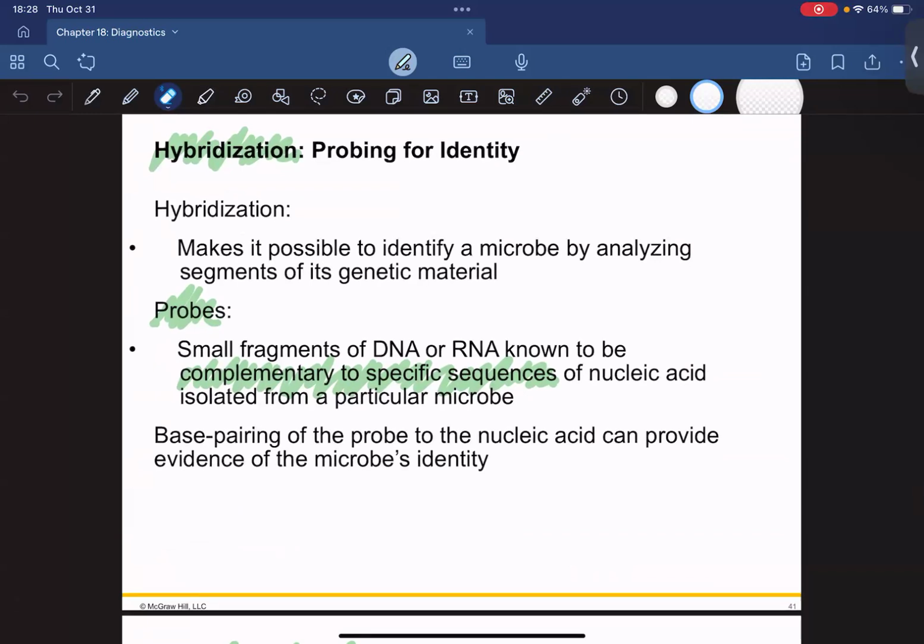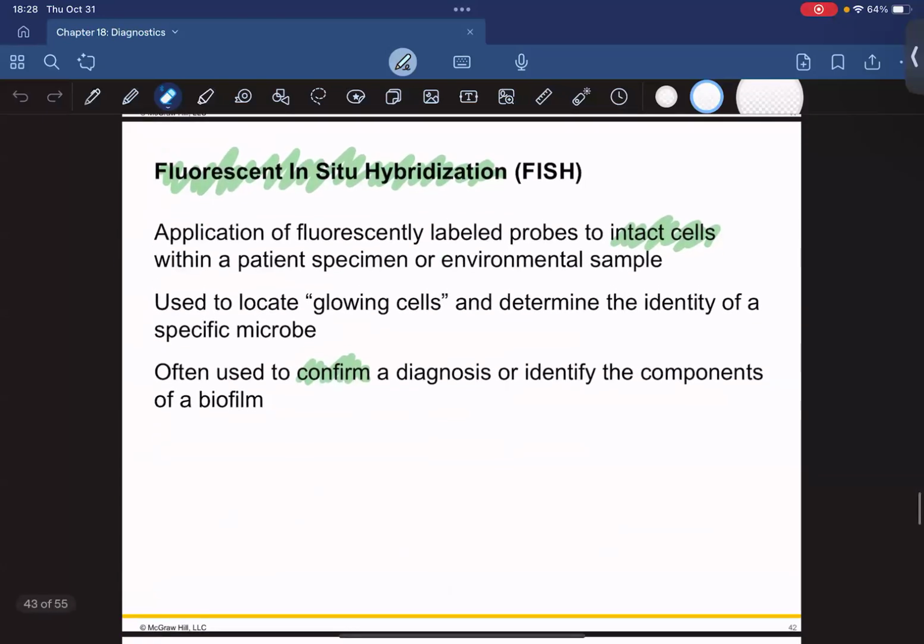Hybridization, moving on. Hybridization using those probes, using a little bit of DNA that matches this sequence, popping it with some fluorescence or something so you can see if it bound or not with a microscope. Here's an example. FISH. FISH is fluorescent in situ hybridization.